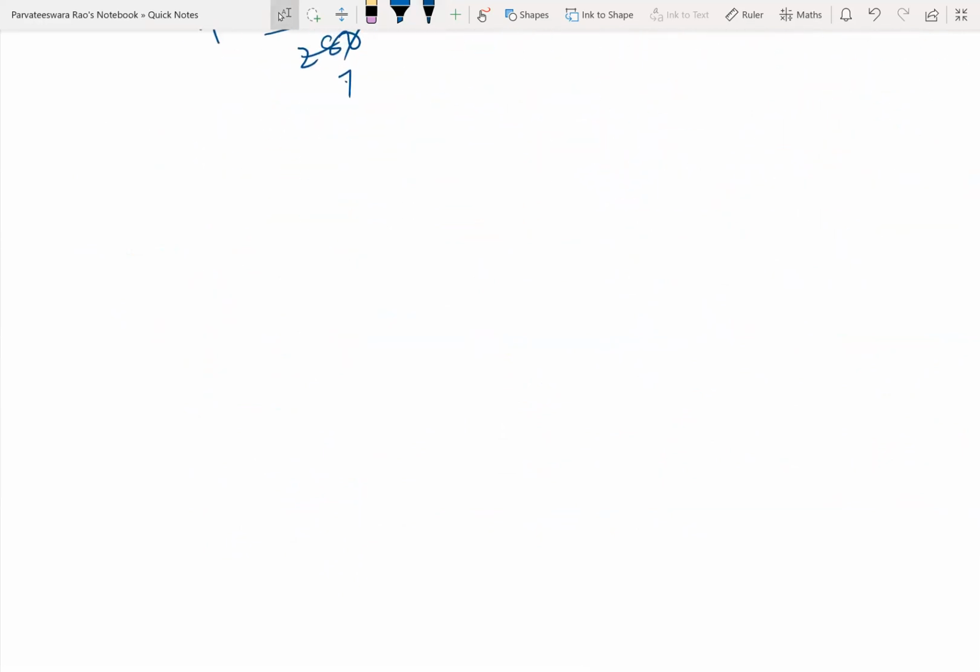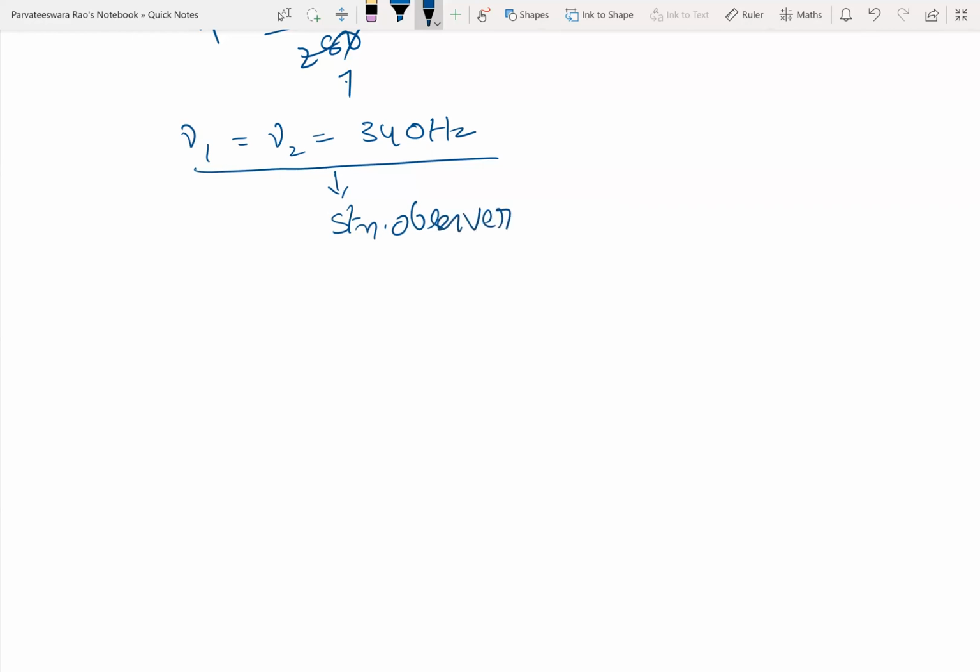Two tuning forks with natural frequencies of 340 hertz move relative to a stationary observer.